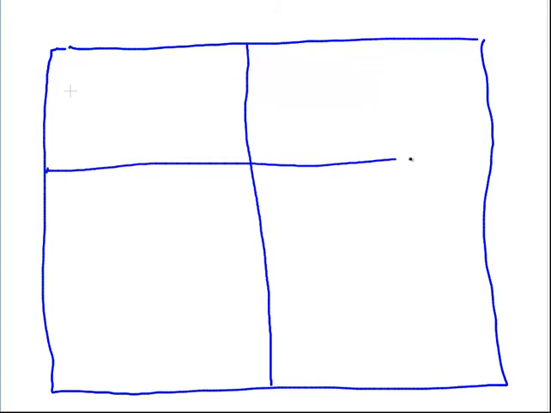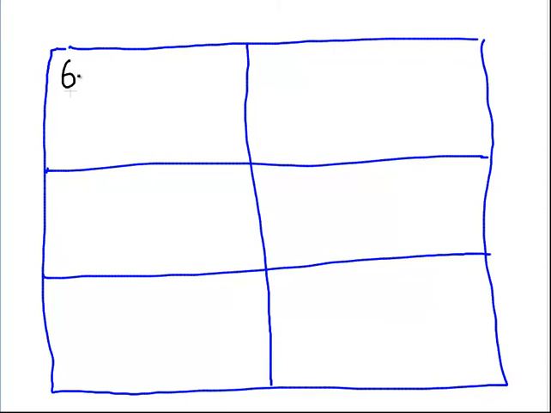We have 6 cells altogether. In the first case we had 65 minus 87, so we square that and divide by 87.